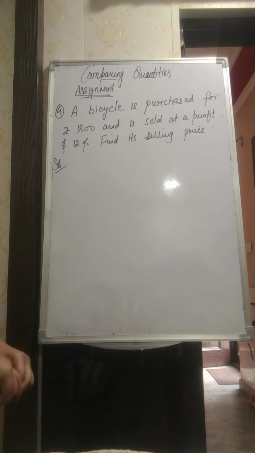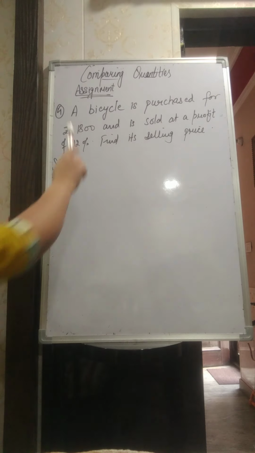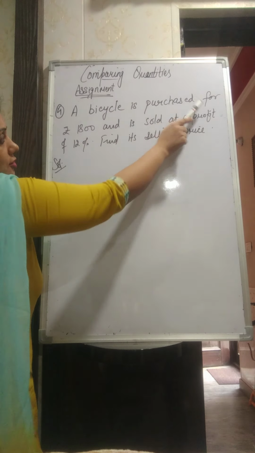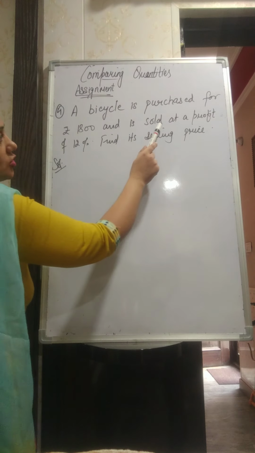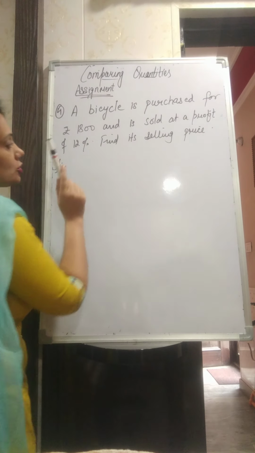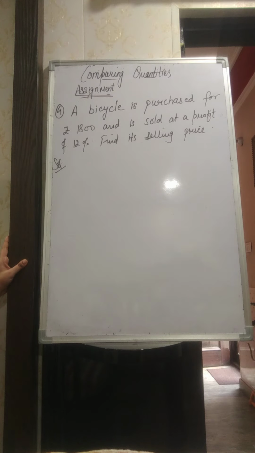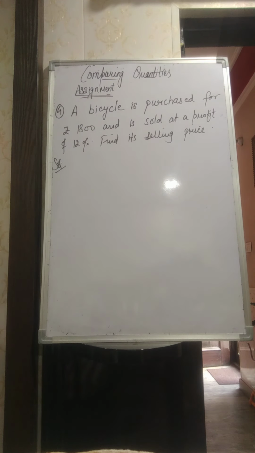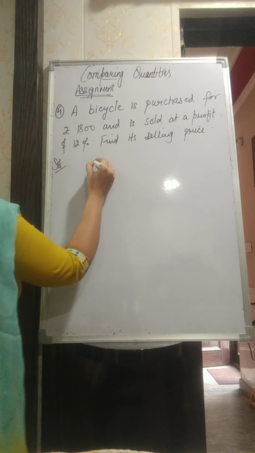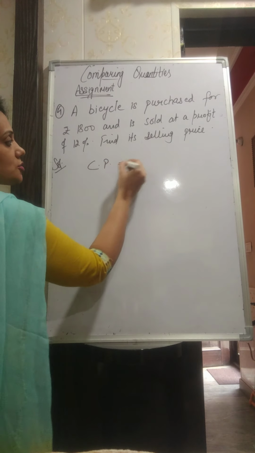Next question, question number 4. A bicycle is purchased for rupees 1800 and is sold at a profit of 12%. Find its selling price. Now what is given to us? That a bicycle is purchased for rupees 1800. It means we have been given the cost price.